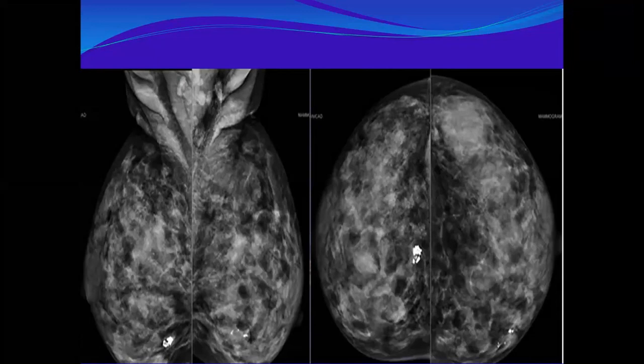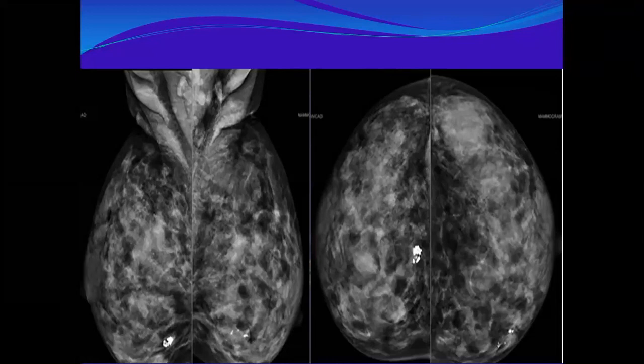Continue, Hannah. It is not well appreciated on the mediolateral view. Nothing in the left breast? Let me guide you. Anything in the left breast?